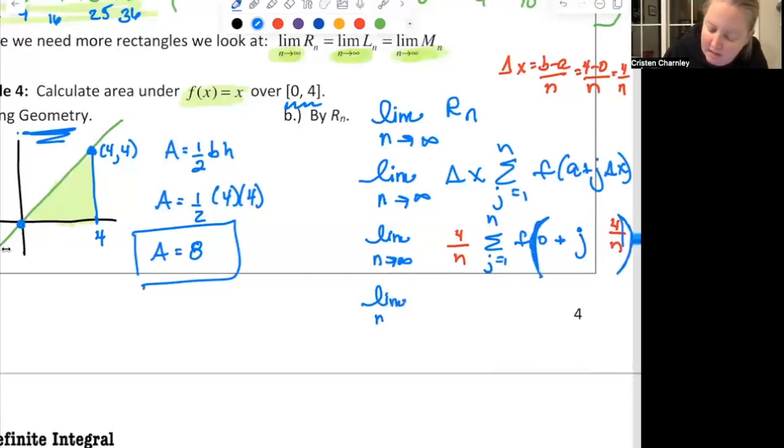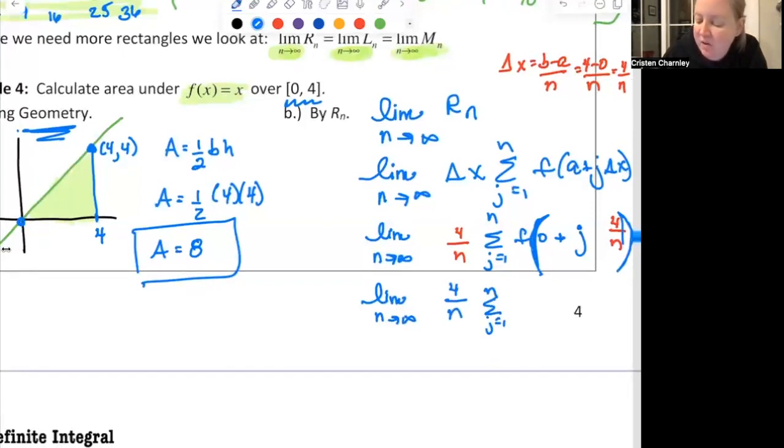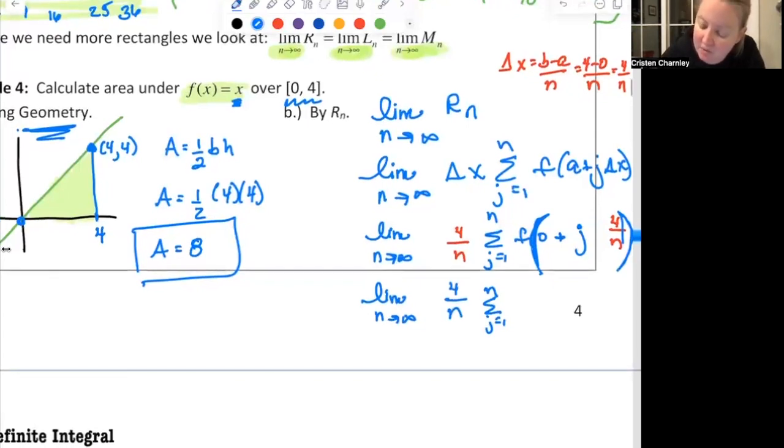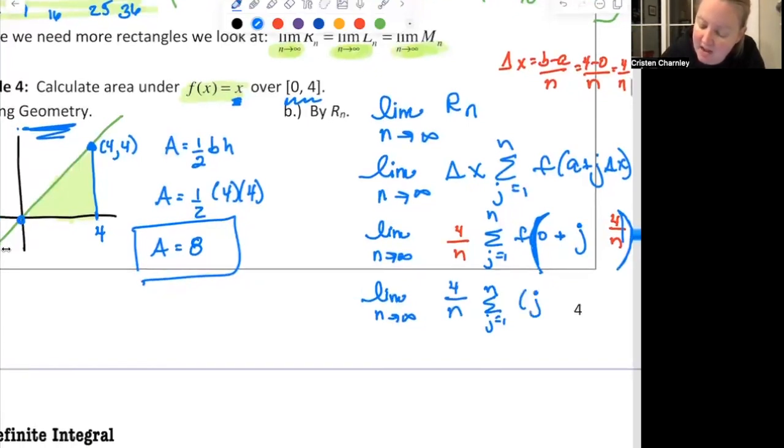The limit as n approaches infinity. 4 over n, still in the front, that's okay. Sigma notation, still okay. Now, the 0 plus j, 4 over n, has to get substituted into my function, and my function is x. So when I substitute, this is going to be j 4 over n.